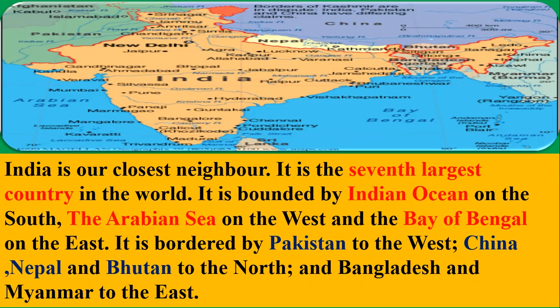It is bounded by the Indian Ocean on the south, the Arabian Sea on the west, and the Bay of Bengal on the east. It is bordered by Pakistan to the west, China, Nepal, and Bhutan to the north, and Bangladesh to the east.